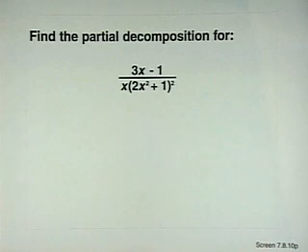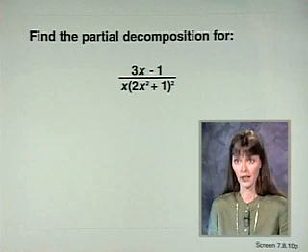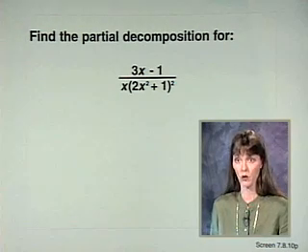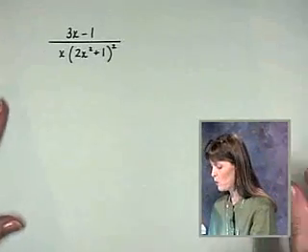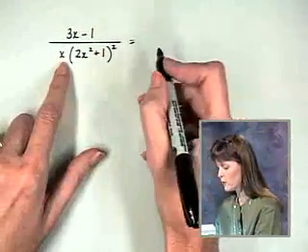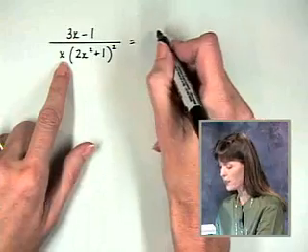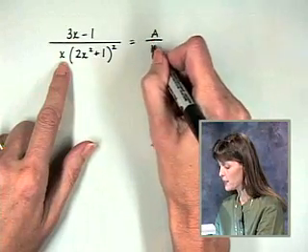For our example, let's find the partial decomposition for 3x minus 1 divided by x times the irreducible quadratic (2x squared plus 1) raised to the second power. Now, let's begin by setting up the correct format. What we want is for each linear factor, which we have 1, x, we're going to put a over x.